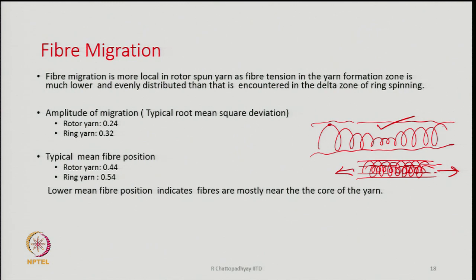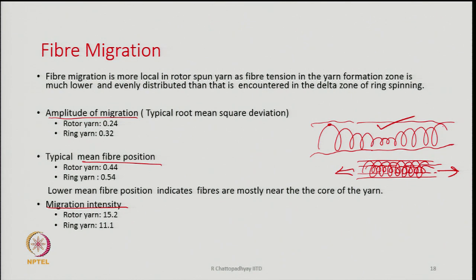Anyway, this particular movement of fibers within the yarn is characterized by the amplitude of migration, the mean fiber position and the migration intensity. There are three different parameters. I am not going to discuss in detail what these parameters are, but these are the three parameters by which we characterize the migratory path that the fibers follow.